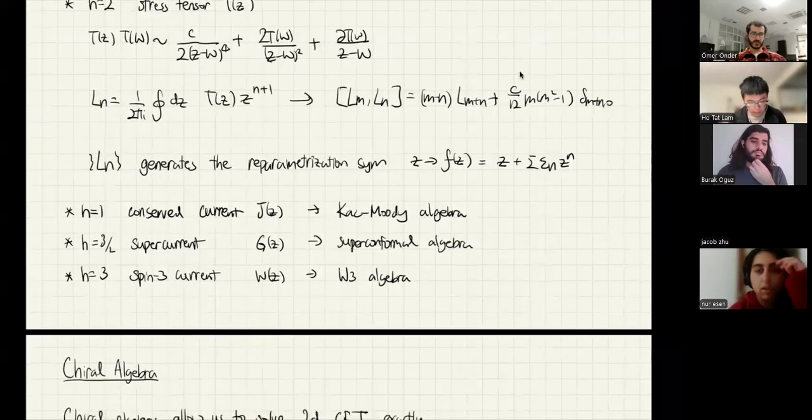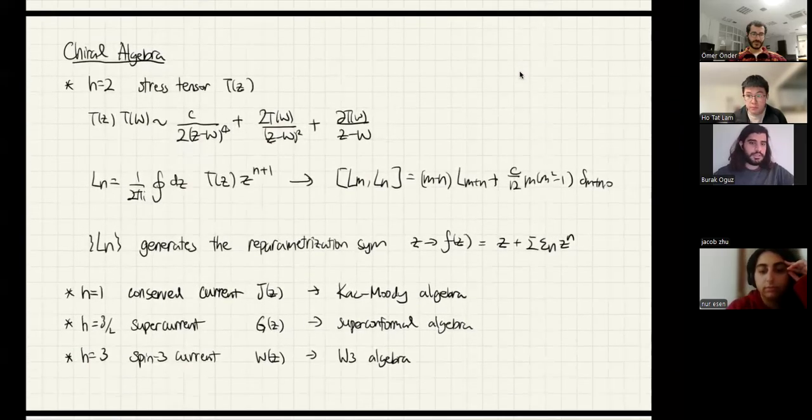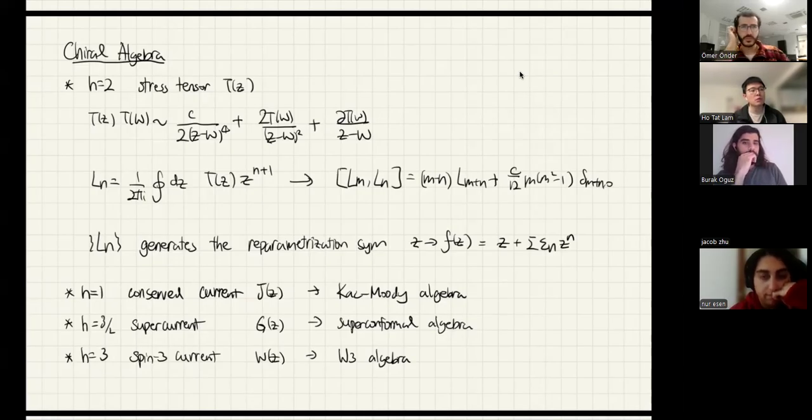Okay. Wait, can I ask a question? I'm a bit confused about what a spin 3 current means. It probably does not mean a 3-form, because in 2 dimensions we cannot have an object like that. What exactly do you mean by a spin 3 current? Yeah, so in this case, let me think about it. You should think about it as follows.